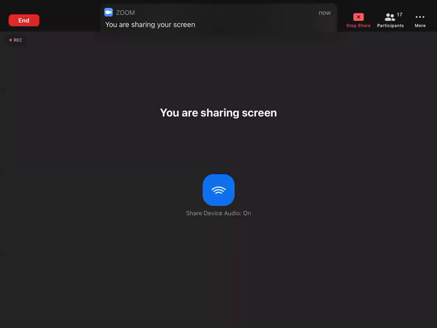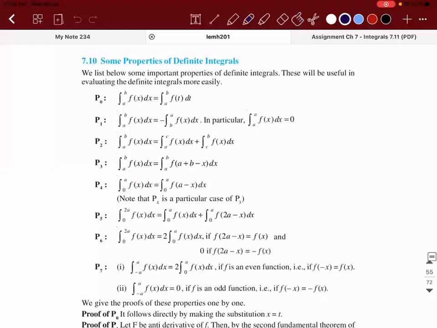Right. So we'll get started. So we will be discussing some properties related to definite integrals, and these properties will help us to solve problems on a faster basis.